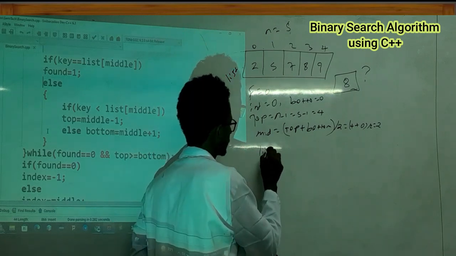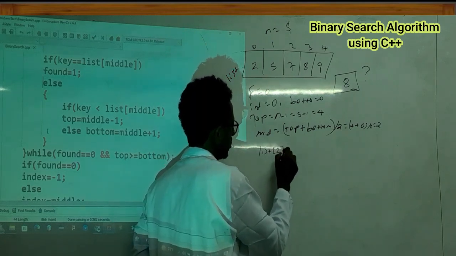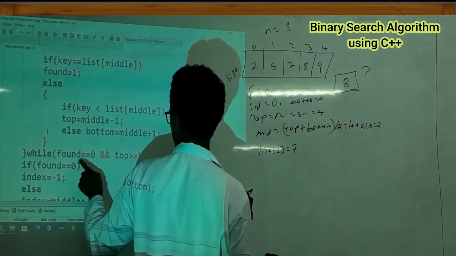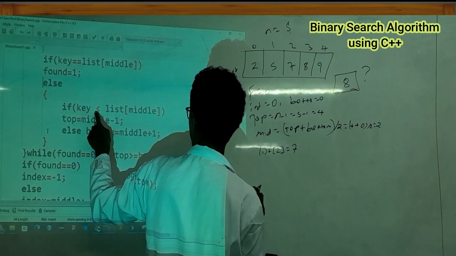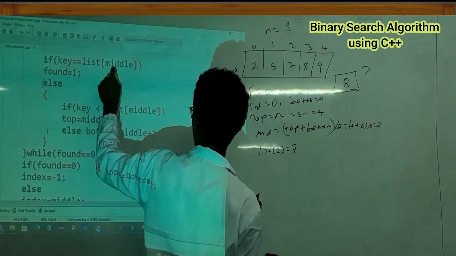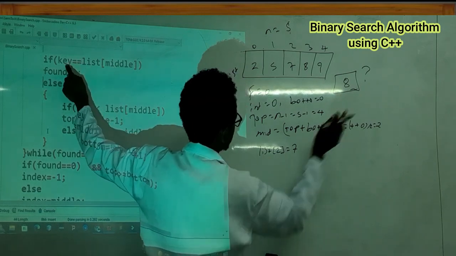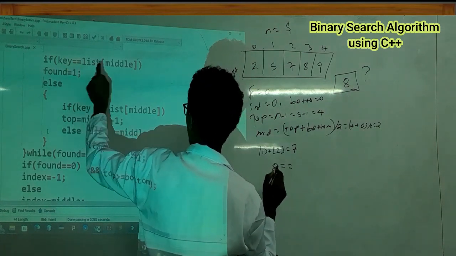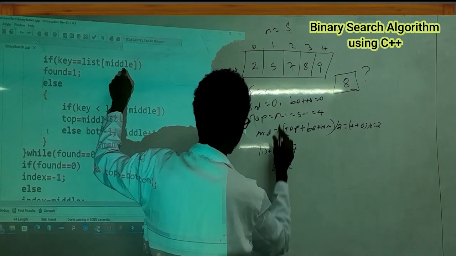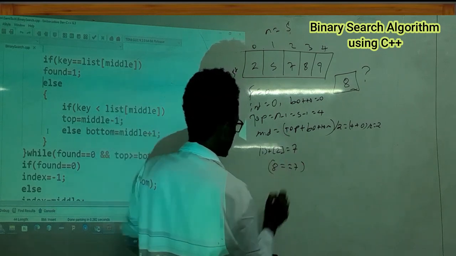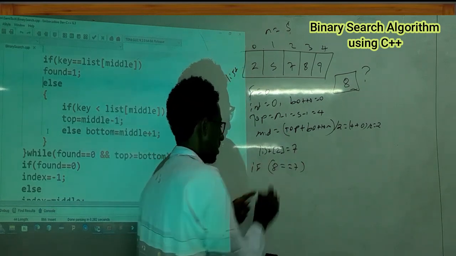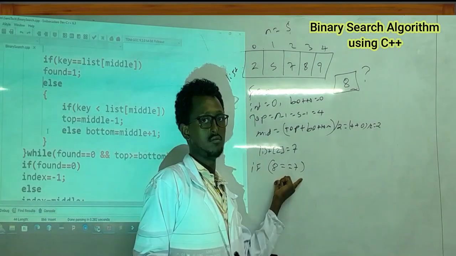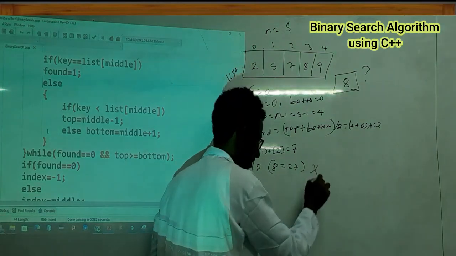List of 2 is equal to 7. So is 8, the key, equal to list of middle, meaning 7? Is this true? If this condition is true, the target is found. But unfortunately, this is wrong.